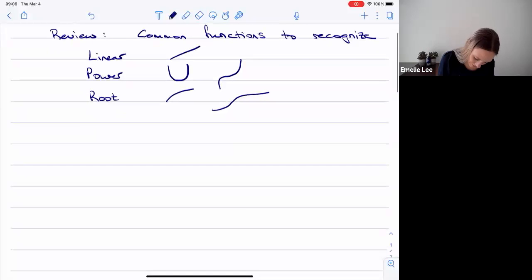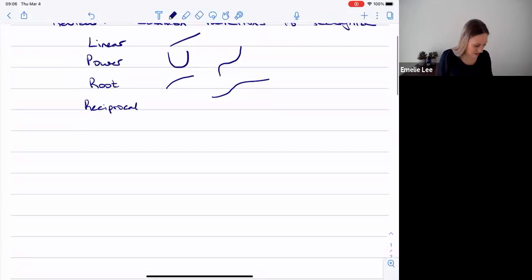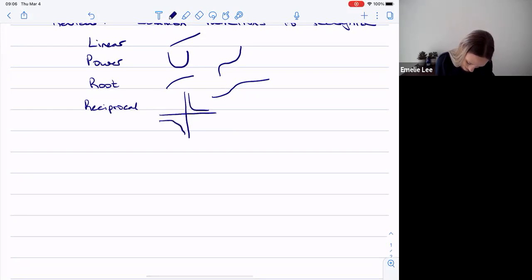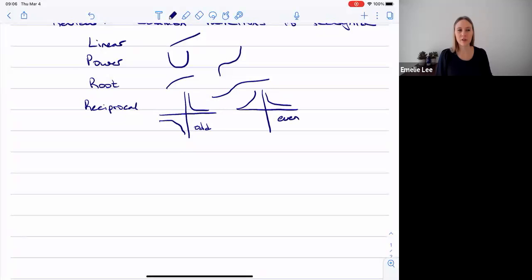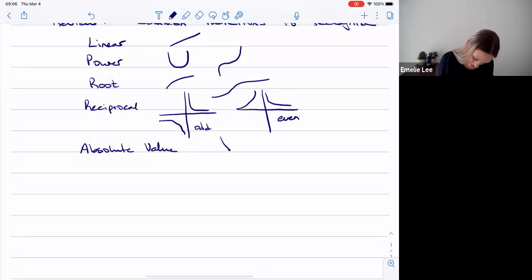And then the reciprocal functions, which are like 1 over x, or 1 over x to the n, where the n is either odd, making it look like this, or even, where they both go up like this. That one, I'm doing a little bit more of an explanation. And then, of course, the absolute value, which looks like a V.